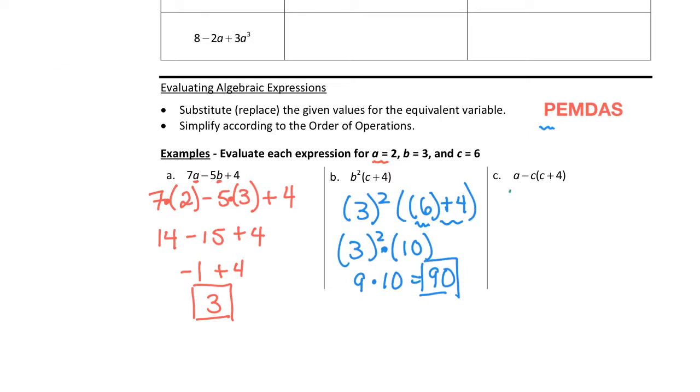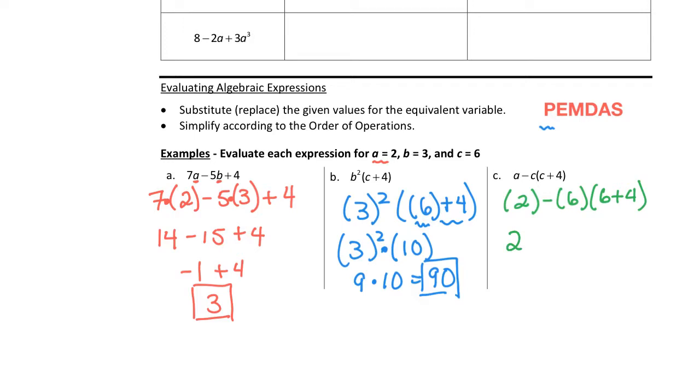For our final example, we have A, so we'll replace that with the 2, minus C, which is 6, more parentheses. I have another 6. This time I'm going to forego those extra parentheses. So now any actions inside the parentheses, you can see I've got this 6 plus 4, so I'm going to do that first.